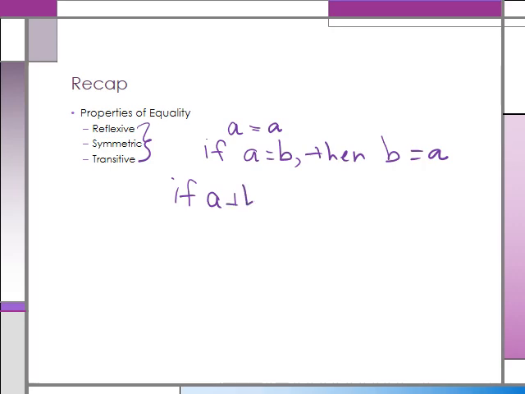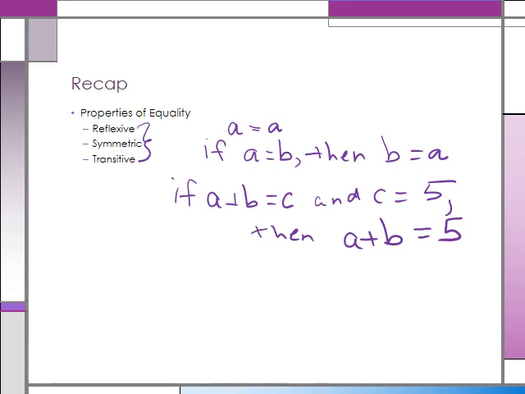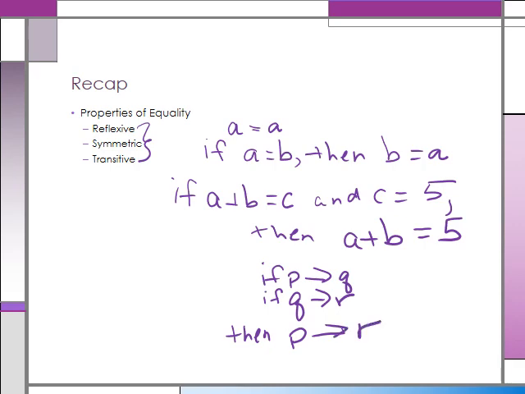If A plus B equals C, and C equals 5, then A plus B equals 5. Or like our law of syllogisms. Remember, if P, then Q, if Q, then R, and then P, then R. Okay? Have a math-tastic day.